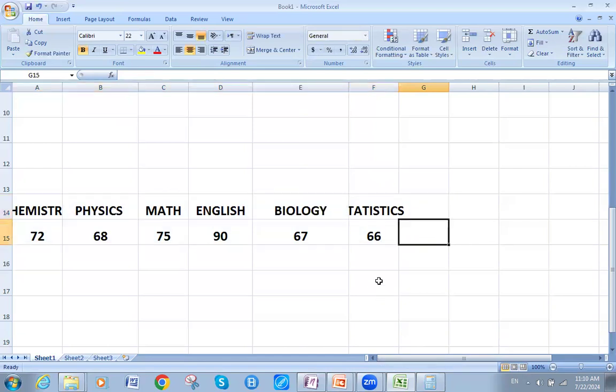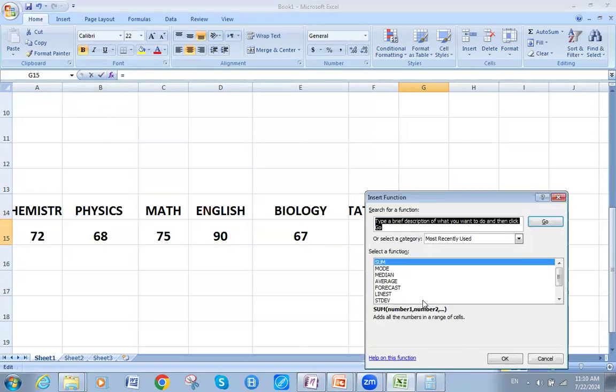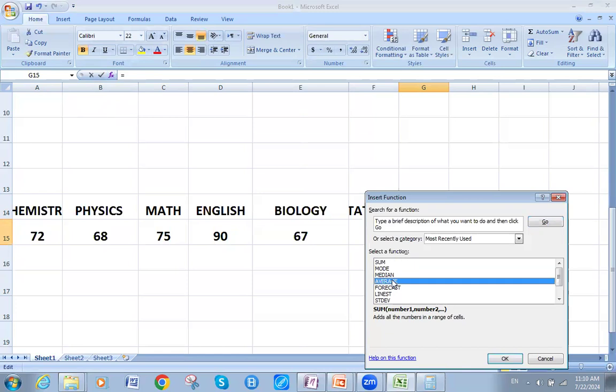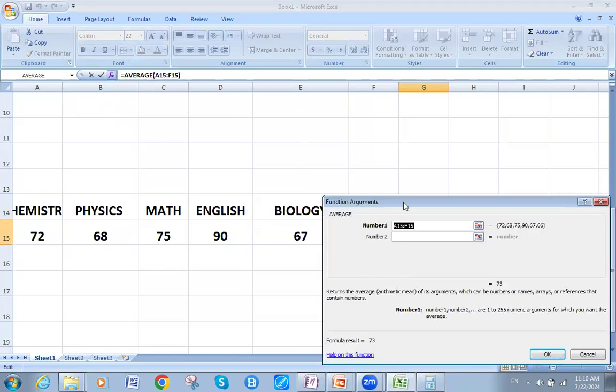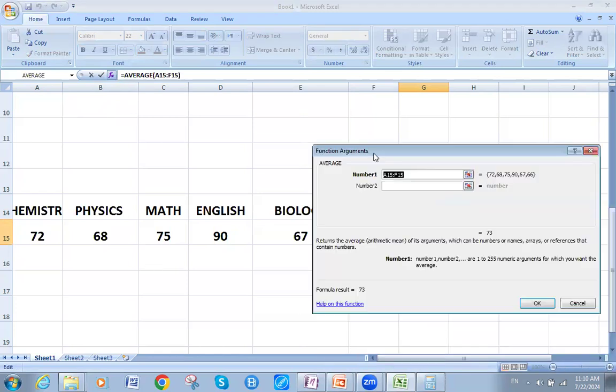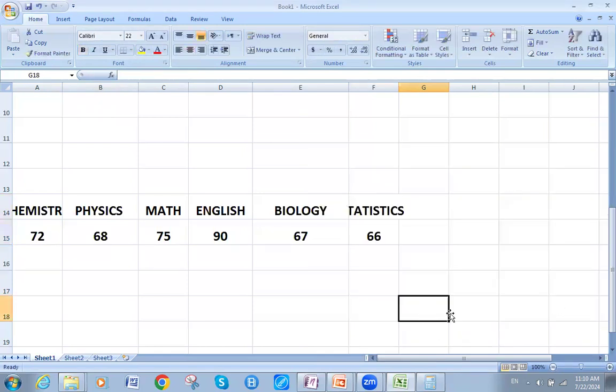How to get the average of the marks of this guy? To get the average, I will go to the average function here. First of all, I will repeat it so that you can see what I'm doing. I want to get the average marks of Sam.